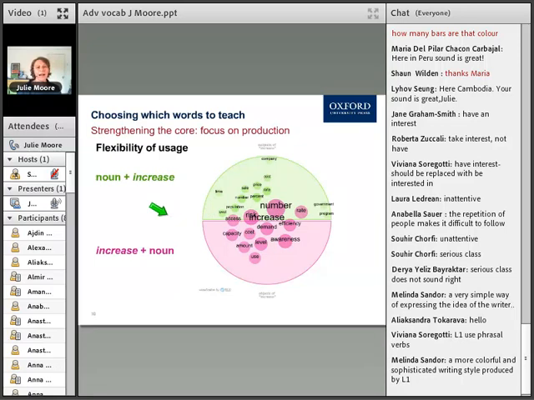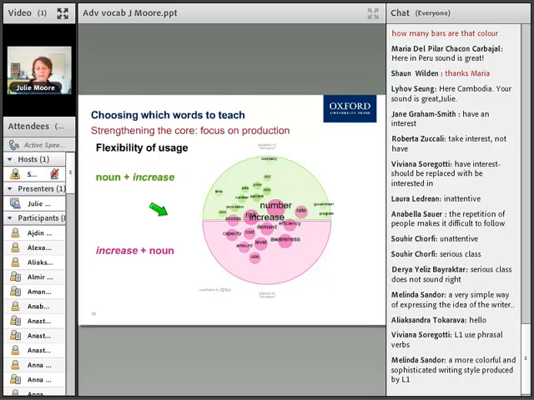Yeah. And then at the bottom, in pink, we have examples of collocations with increase where the noun is the object of the verb. So in a transitive sentence. So we can increase demand, increase efficiency, increase awareness. And in the middle, we have some that can be used for both.